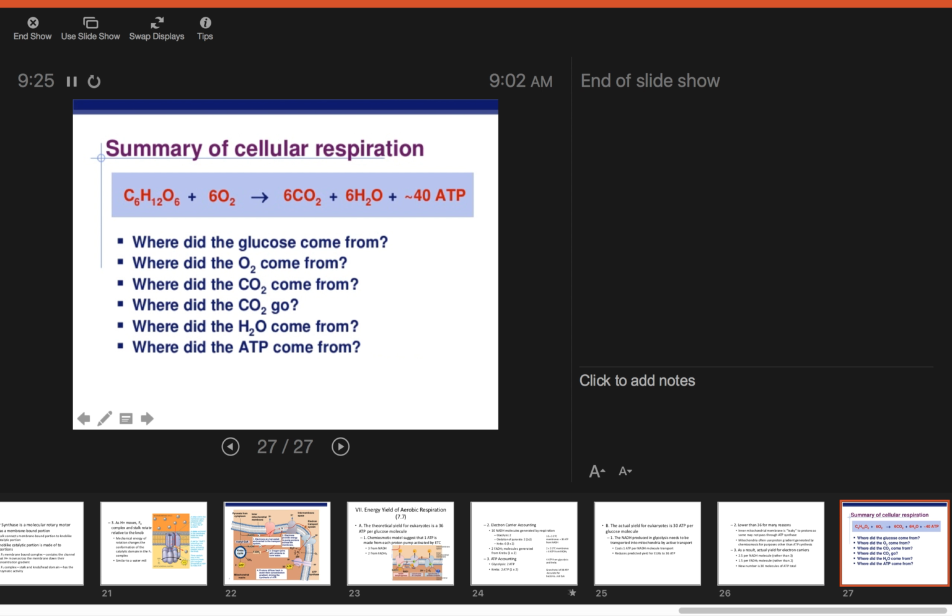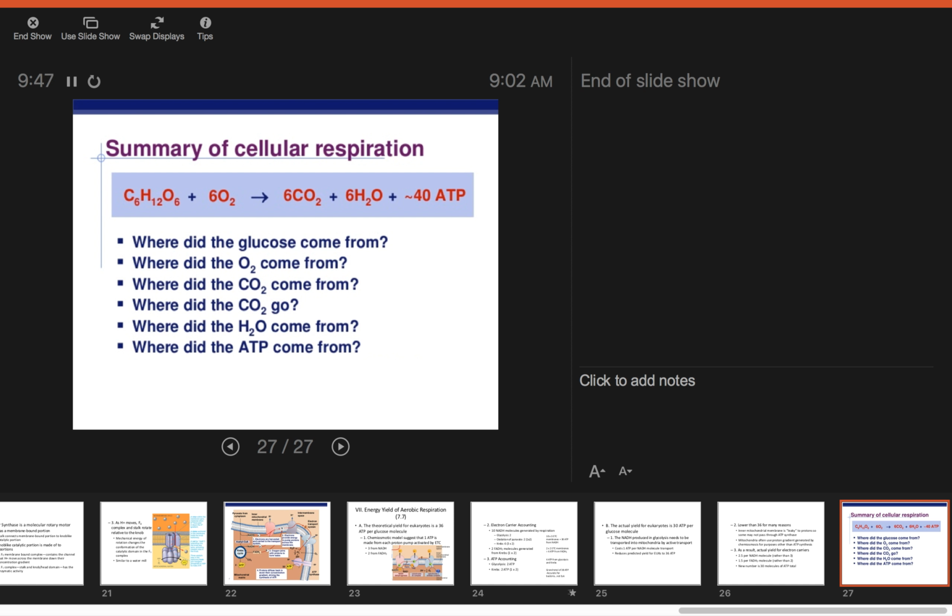So, summary of cellular respiration. Where does the glucose come from? Glucose starts glycolysis. It's just there. You mean to tell me your cells just have glucose? Sugar. Well, how do you get sugar? You eat it, okay?